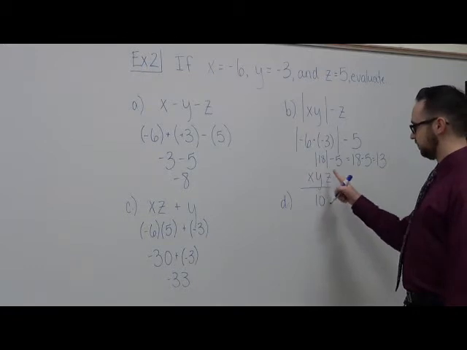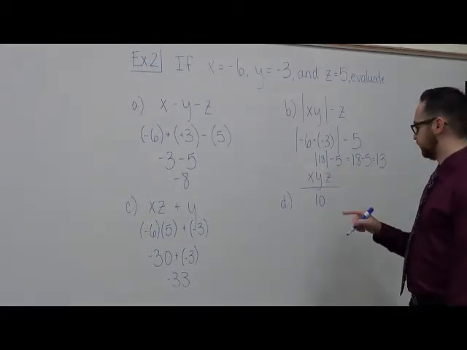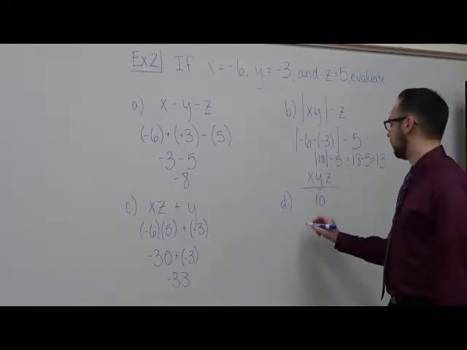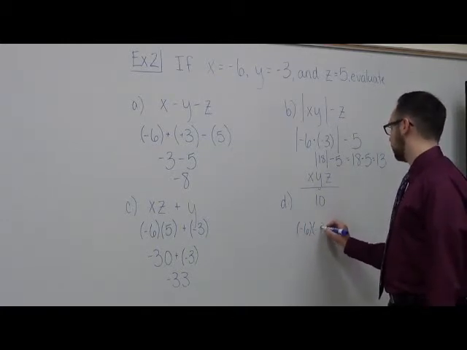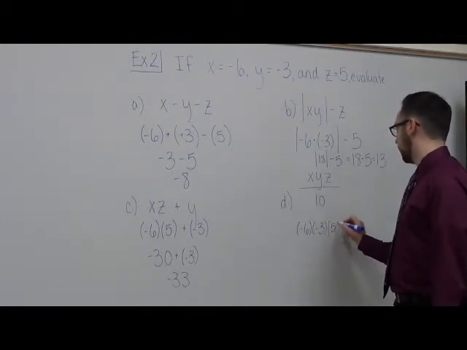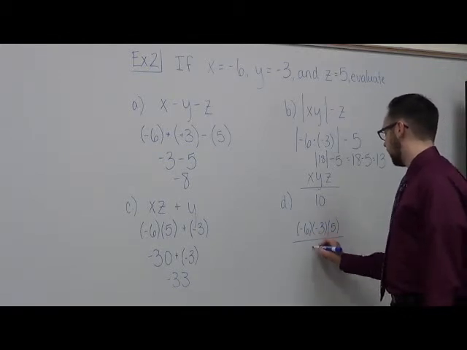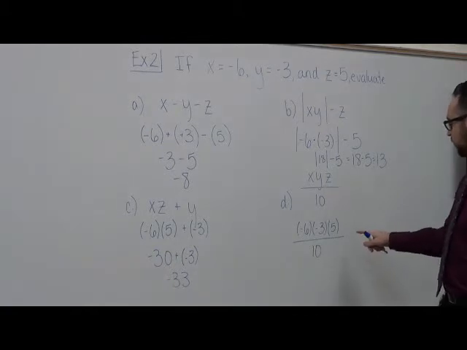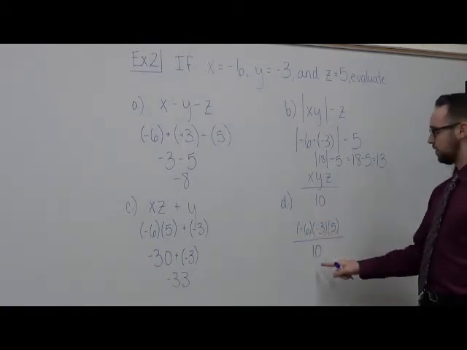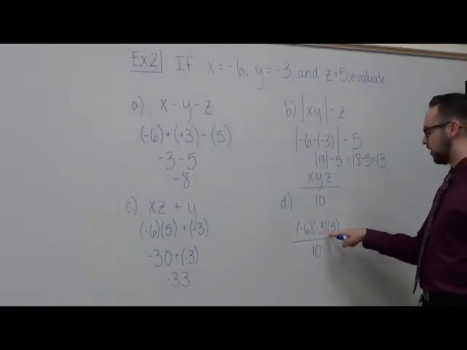And this last one is the division. So when I plug those in, we're going to have -6 times -3 times 5, all divided by 10. Again, that fraction bar means division. So what we're going to do here is, when you have it written like this, you do the top of it first.